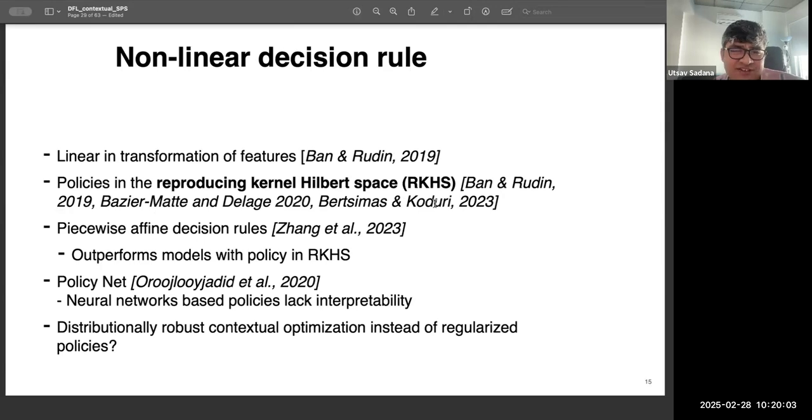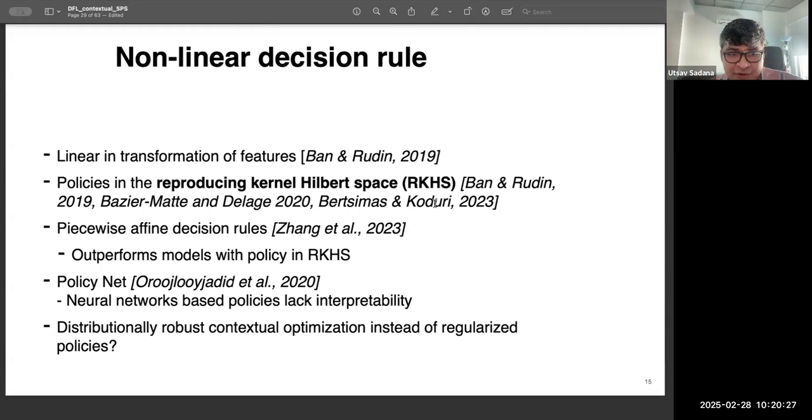The simplest way to construct these nonlinear decision rules is to transform your features and assume that your policy is linear in these transformed features. Another approach is to project, or lift, these features into a reproducing kernel Hilbert space, and on that space, you solve your policy optimization problem.